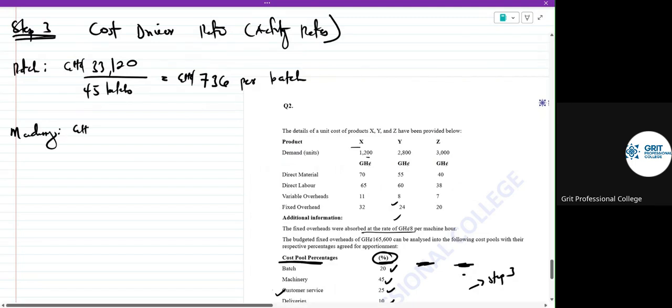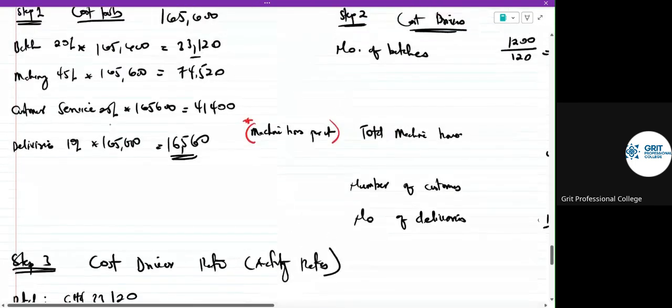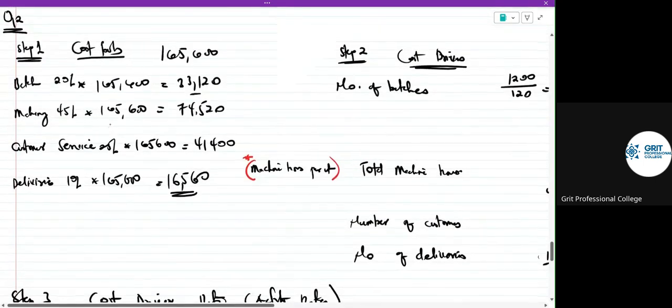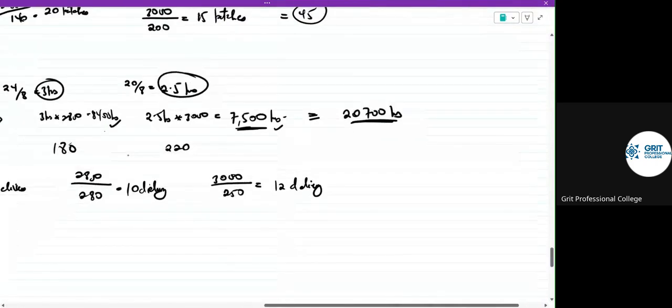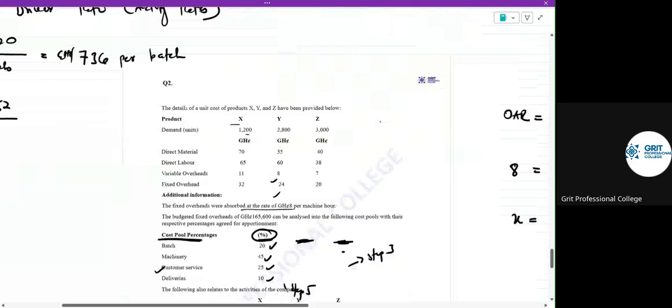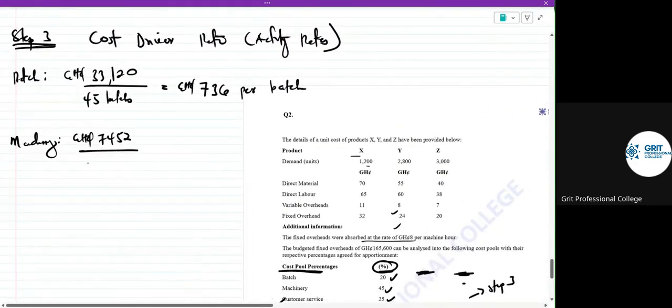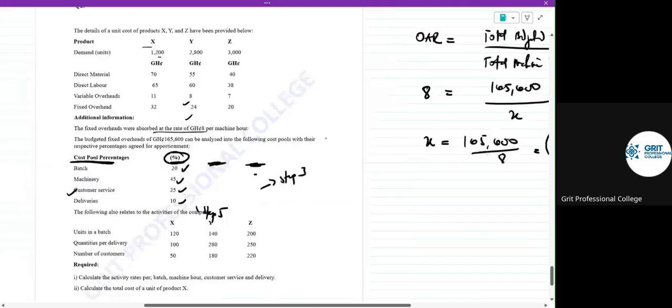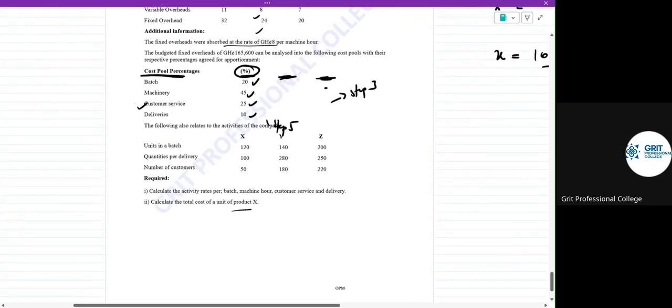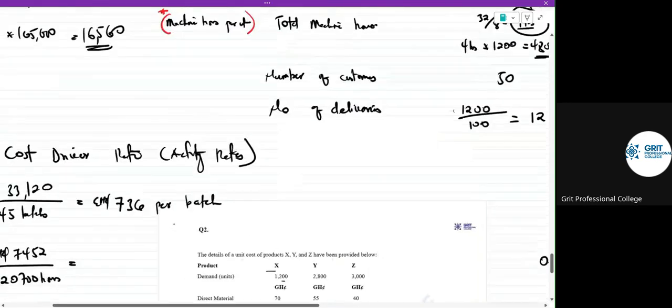And that will be 74,520 divided by total machine hours, which we know is 2,700. When it comes to this one, we could have used this shortcut to get the total machine hours. But the problem will come when we are doing the allocation. That is where the problem will be.